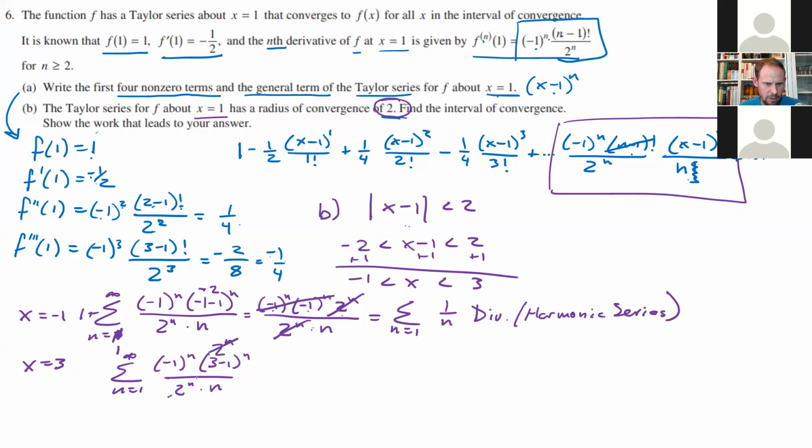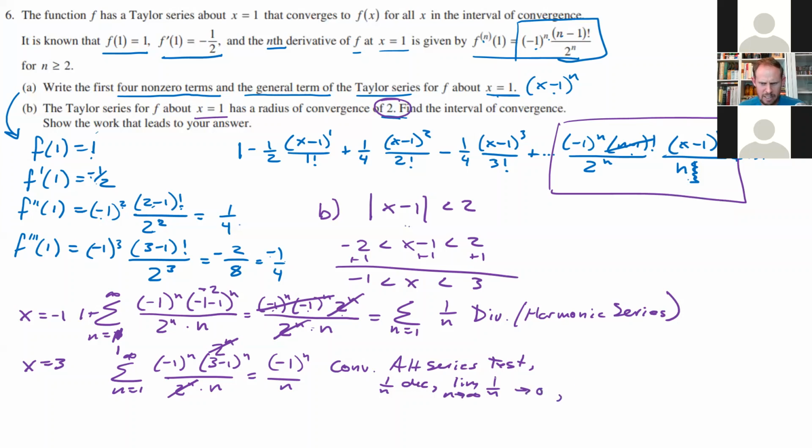It's going to cancel out completely with that down there. So we're just left with negative 1 to the n over n, which converges. It's alternating. 1 over n is decreasing, and the limit of 1 over n as n goes to infinity goes to 0.